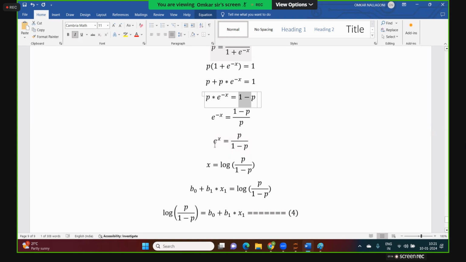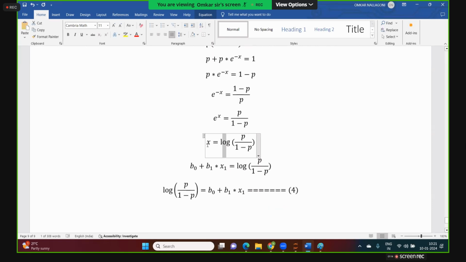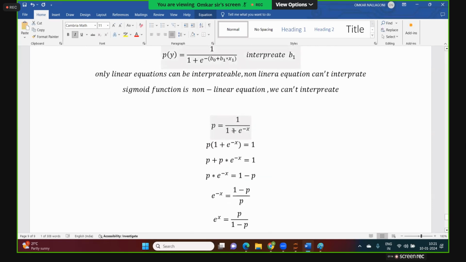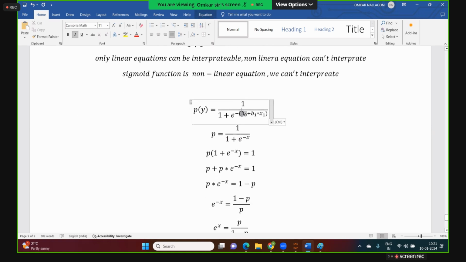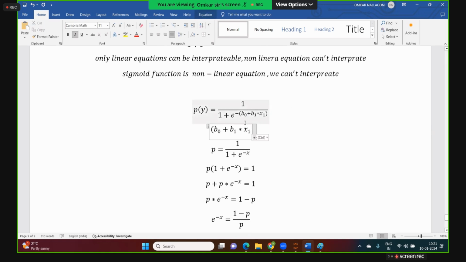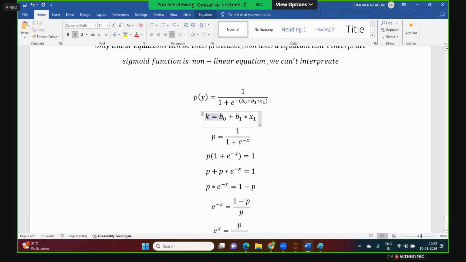That is also mathematics: x equals log of this. You might get confused again if I keep using x, so assume that this entire equation is k.